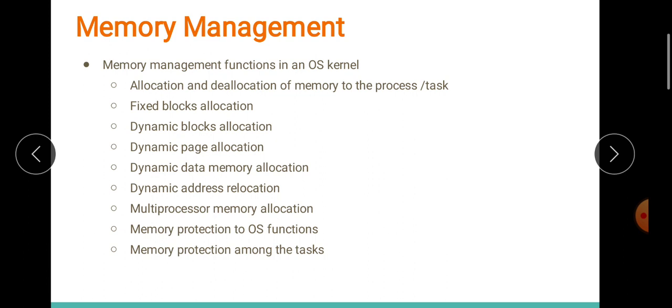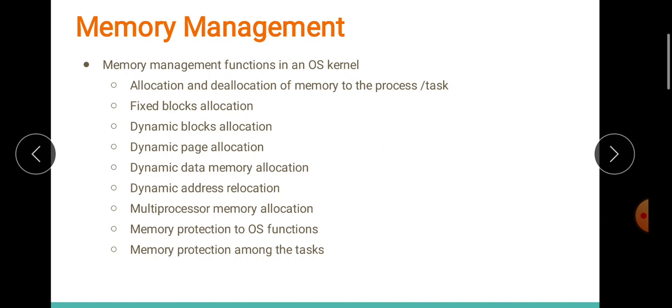So there must be memory protection among tasks also, and in fact this protection increases the memory requirement for each task, and because of this the execution time of the code of the task can also increase, because we are allocating memory space completely for a particular task, and one task cannot interfere in the memory space of another task.